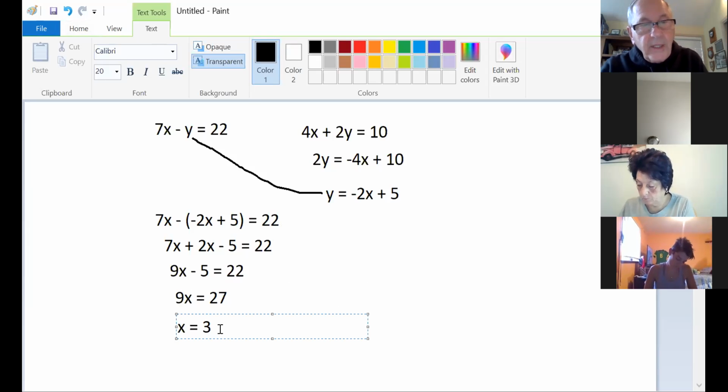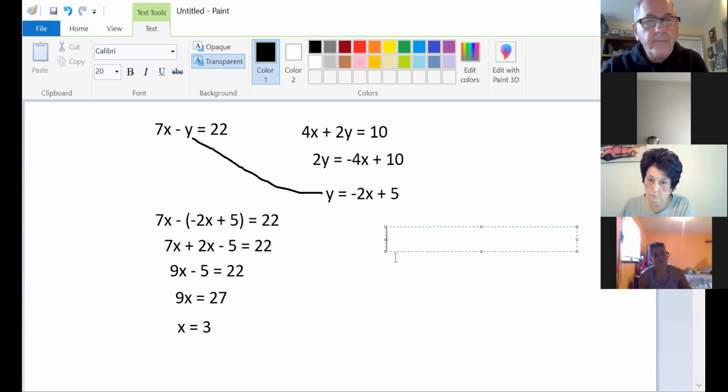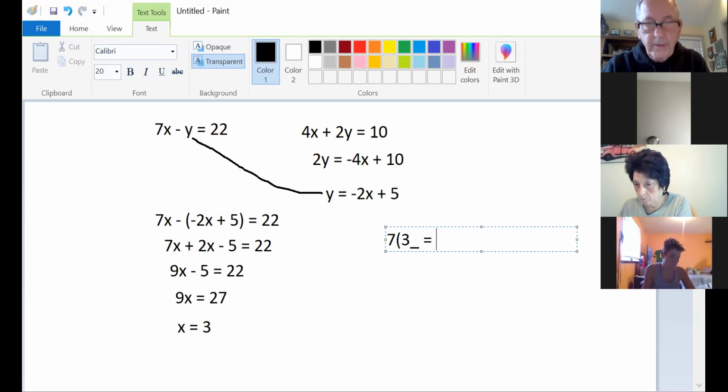So now I just take this 3, substitute it back in for x, and solve for y. I can do it in this equation or this equation, it doesn't matter. They'll both work. So I'm going to put it back in this one. That's all we're doing. So now it's 7 times 3 minus y is equal to 22.